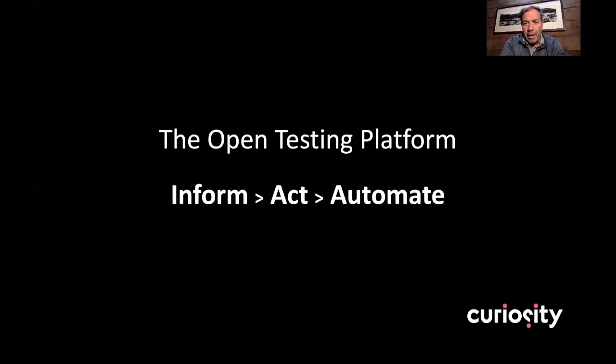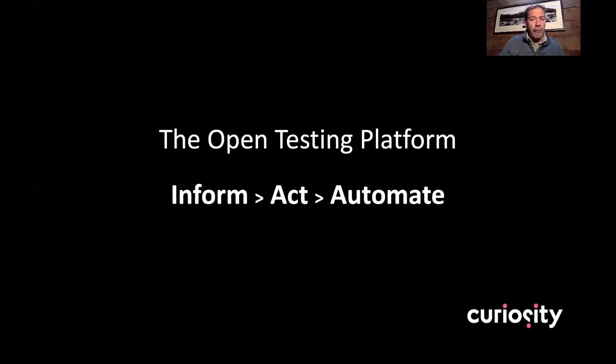So for the folks in the audience, if you haven't heard about it, the Open Testing Platform promotes this idea of inform, act, automate. The reason we came up with this pattern is that what usually delays software testing, a very difficult task, is that we lack information about change.